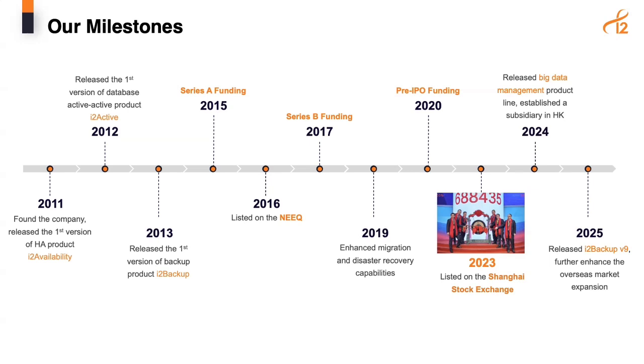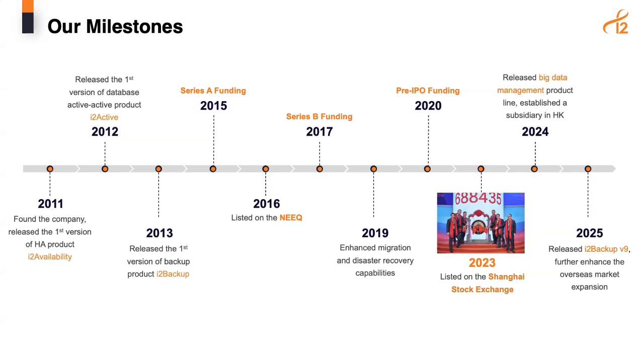In 2015, 16, and 17, we were working on financing. We got the Series A funding, Series B funding, and until 2020, the pre-IPO funding. In 2023, we were successfully listed on the Shanghai Stock Exchange, and this small photo shows our top management at the Shanghai Stock Exchange.